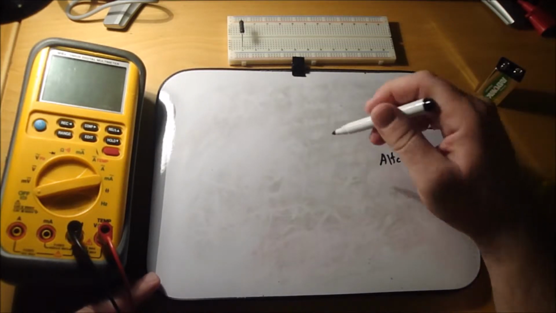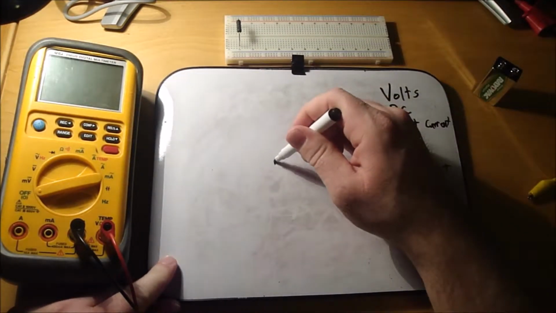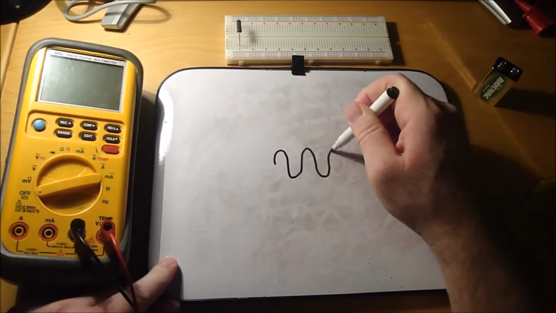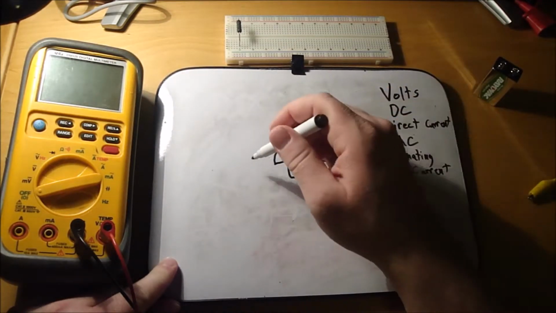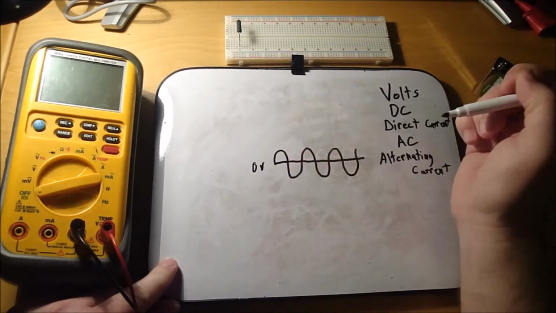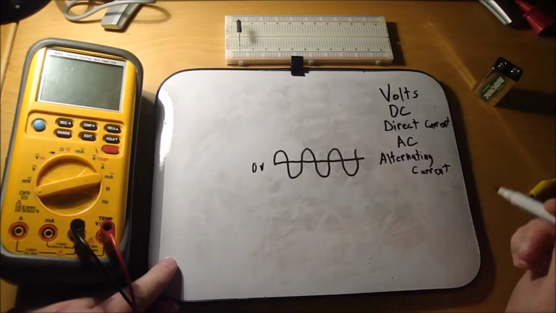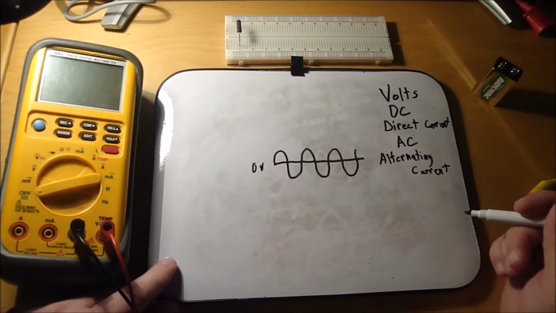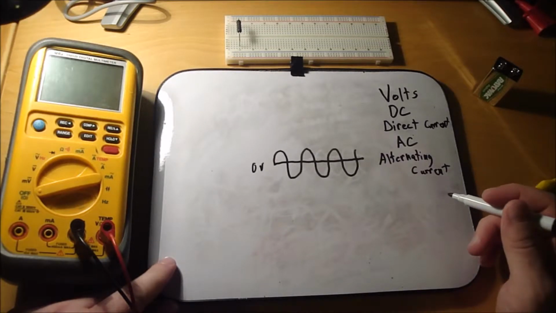That means alternating current, and so your voltage output from that would look like this out of your home outlet. Say this is 0 volts, and then your voltage is just constantly going up and down like that. And there's a reason behind that. I'll get into that in a different episode.